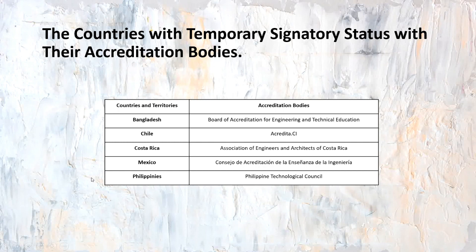As you can see here, this is the information regarding the countries and territories, while this is the information regarding the accreditation bodies for each country and territory. The countries and territories include Bangladesh, Chile, Costa Rica, Mexico, and Philippines.